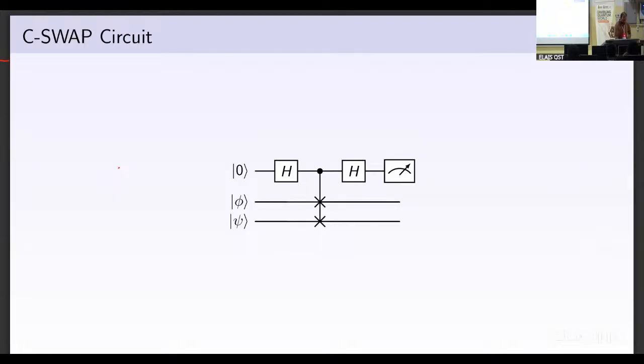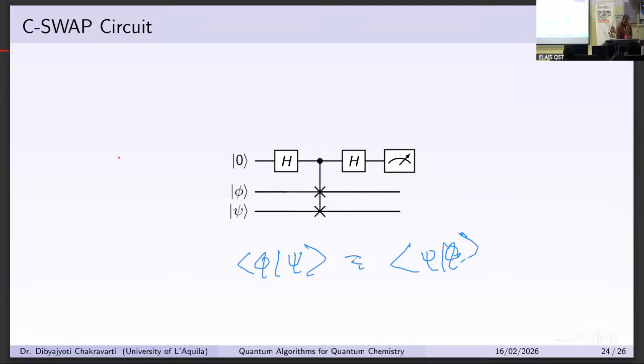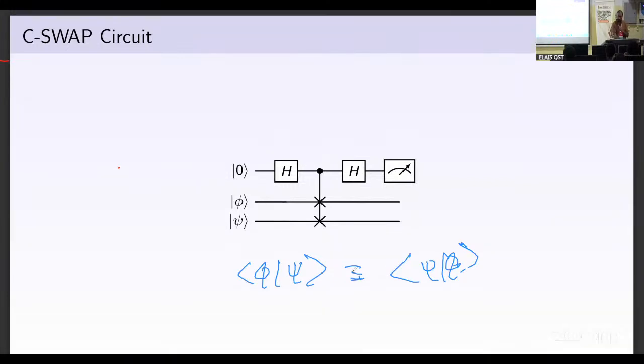You want to find the overlap. So what is the overlap? It's basically the value of the inner product phi psi, or psi phi; it is equivalent. We want to find this value using a quantum circuit.